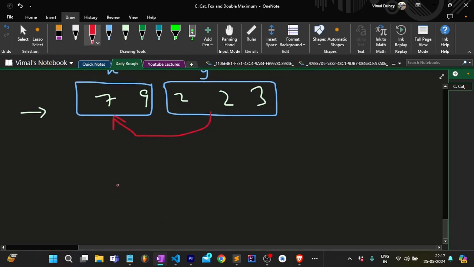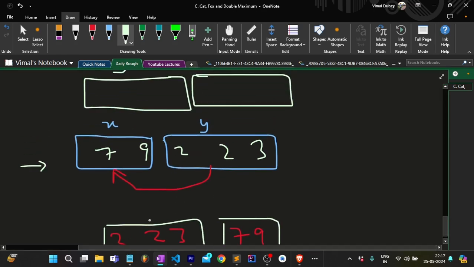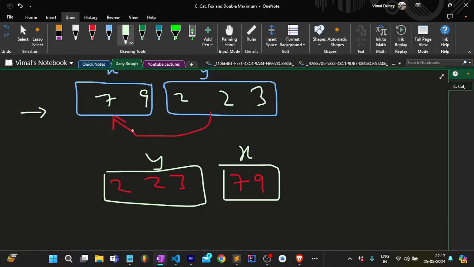Then the order becomes 2, 2, 3 and 7, 9. Now as you can see, x and y are swapped. Now this one is y and this one is x. After performing the operation only a single time, we have a sorted array. Then we can say that yes, it is possible to perform the operation some number of times in order to get a sorted array.